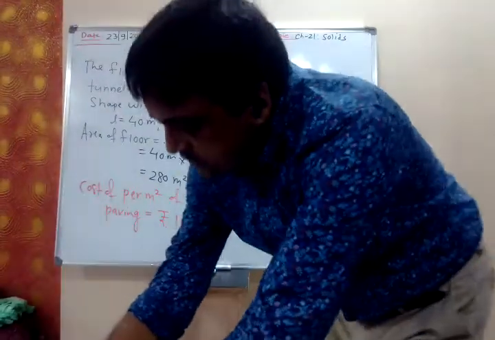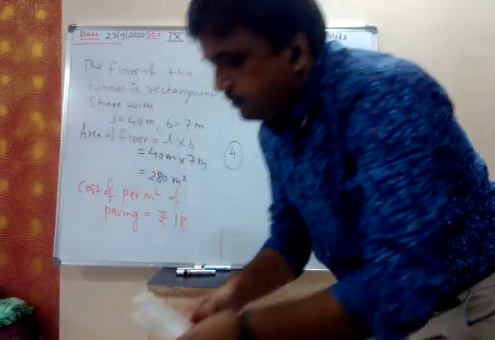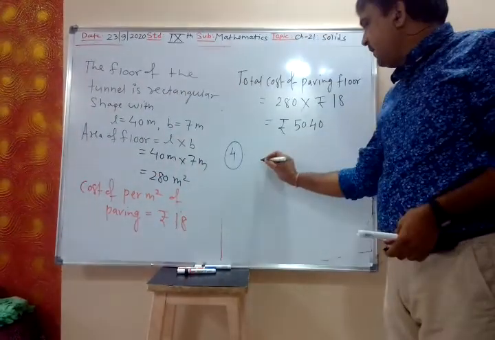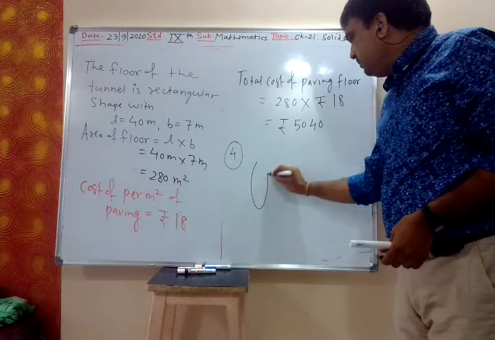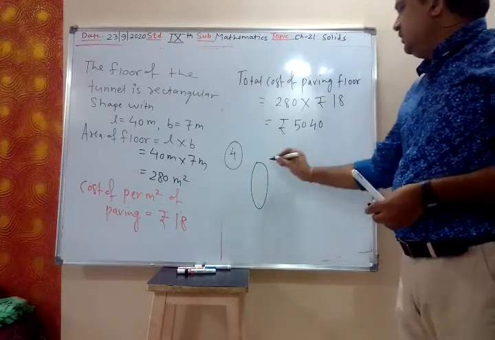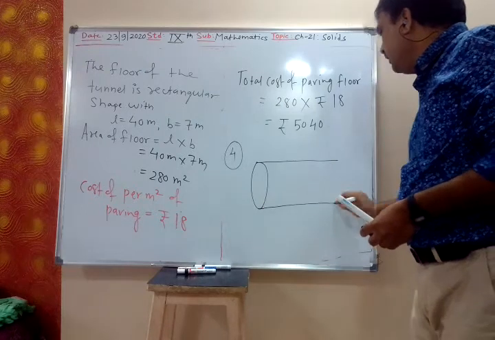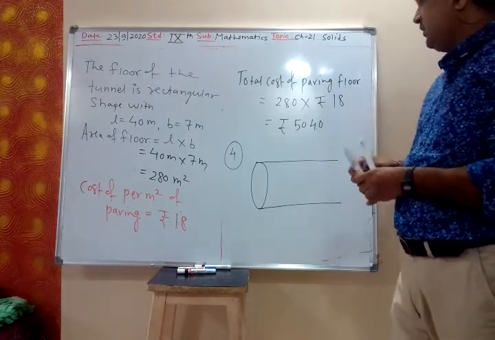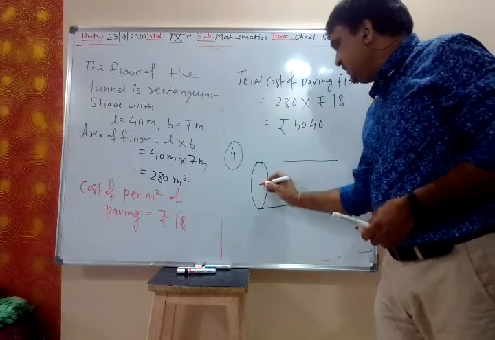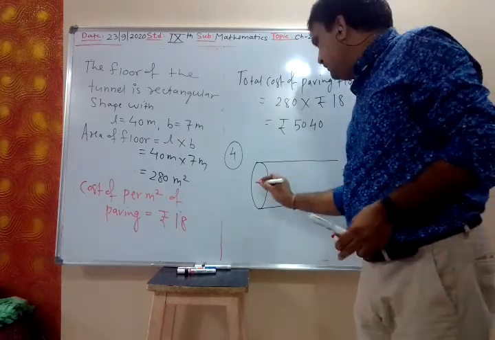The water is discharged from a pipe. Now this is the pipe, the water flows from this pipe. This is my cross section.